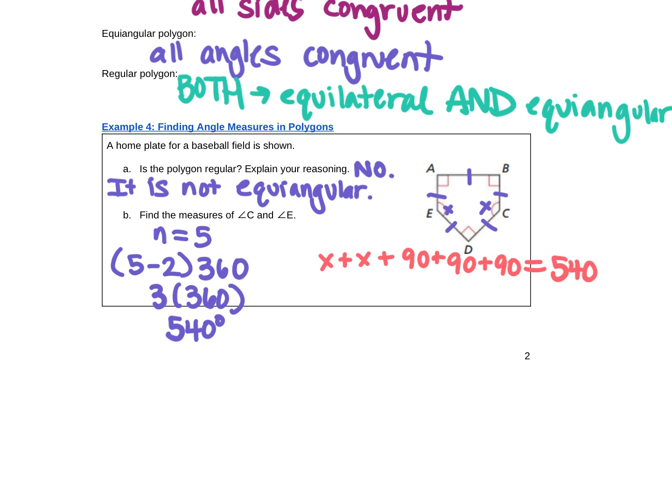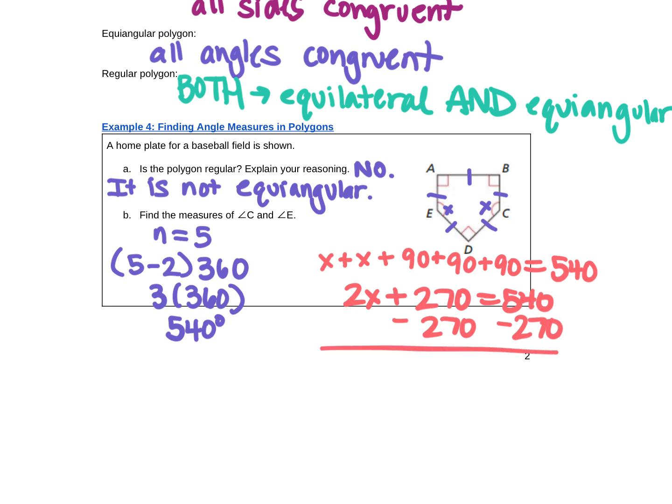So then when we combine our like terms, we're going to get 2x plus 270 equals 540. Then we got to subtract our constant.